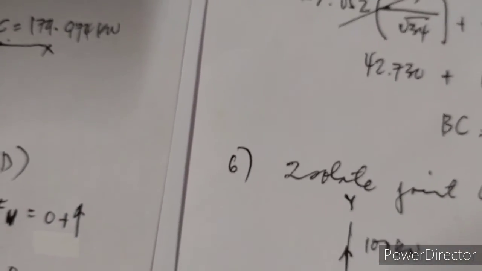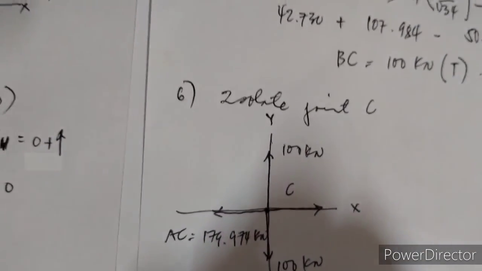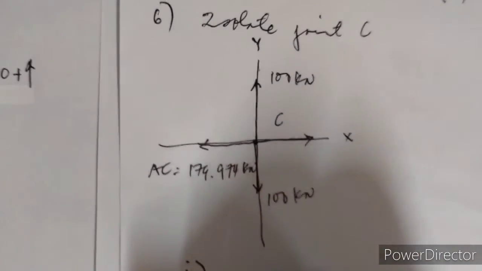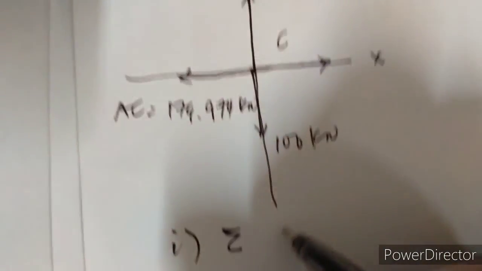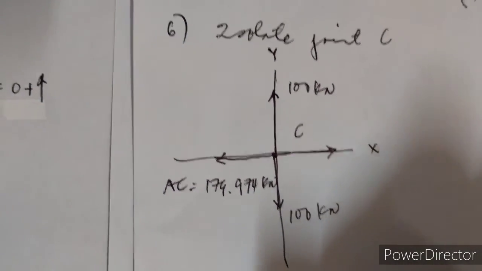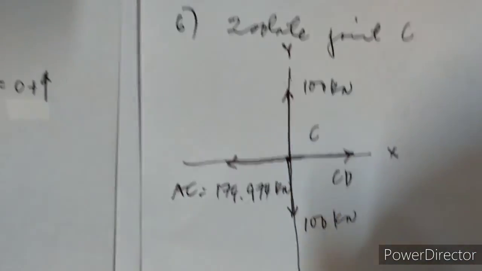So analyzing this further, first step under the sixth solution, we have summation of forces horizontal is equal to 0, positive going to the right. This is designated as CD.